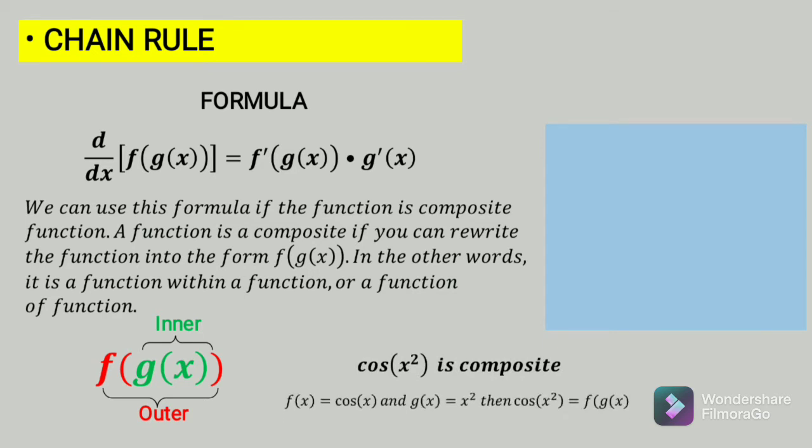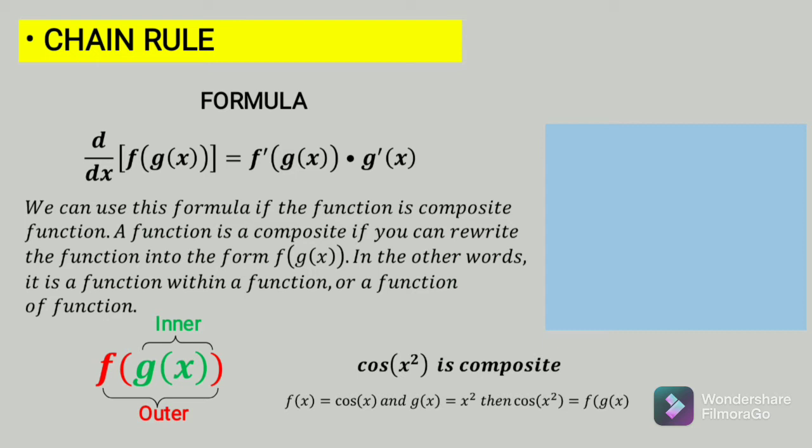Why? Because if we let f of x equal cos of x and g of x equal x squared, then cos of x squared is equal to f of g of x. Therefore, the chain rule can be used in this example.